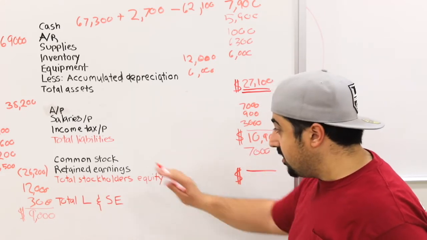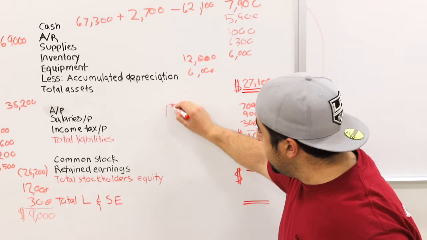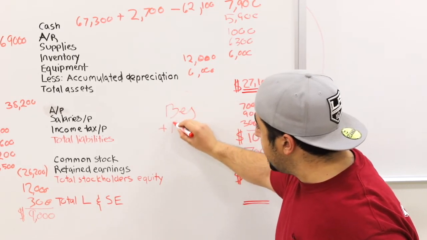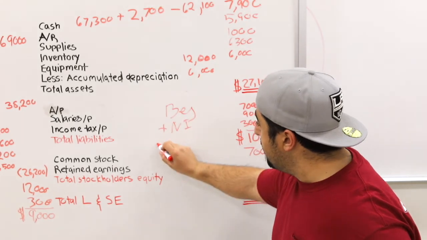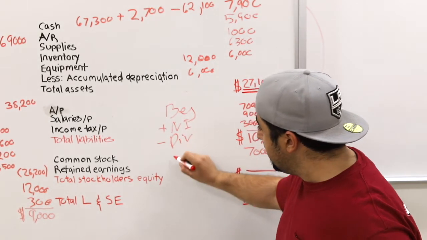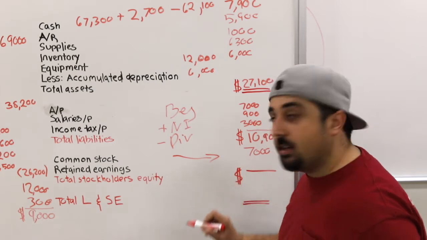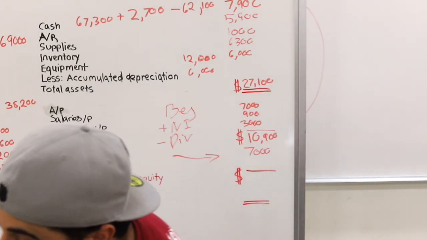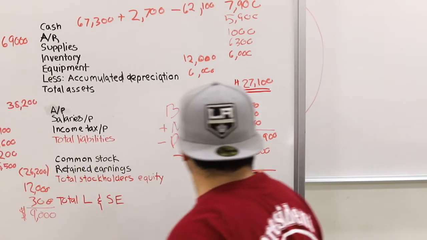So we gotta talk about the stockholders' equity portion. Common stock, given information, 7,000. Retained earnings. How do you find that? You got beginning plus net income minus dividends equals the amount of 9,200.